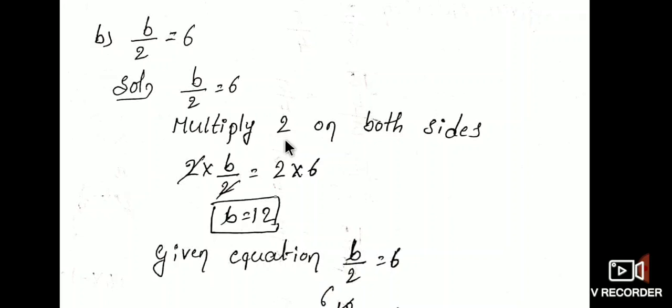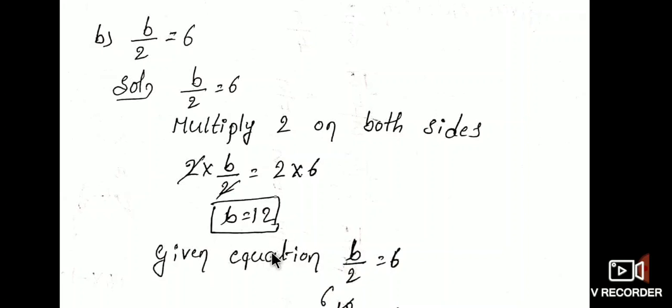So multiply 2 on both sides. That is 2 into b by 2 is equal to 2 into 6. I have multiplied on both sides. Then 2 ones are 2, 2 ones are 2, the 2s cancel, b is equal to 2 sixes are 12. So we separated the variable.